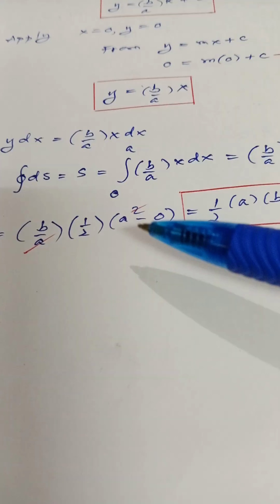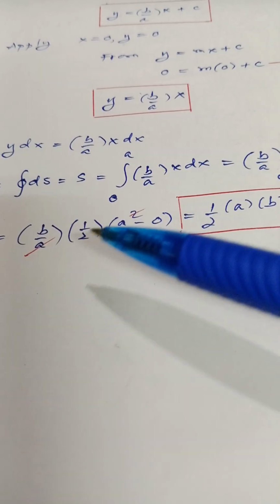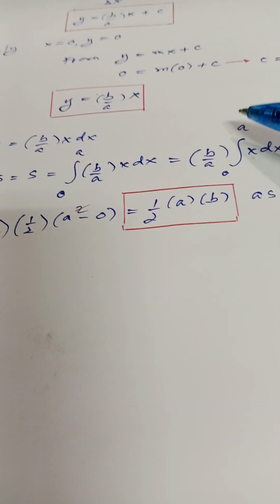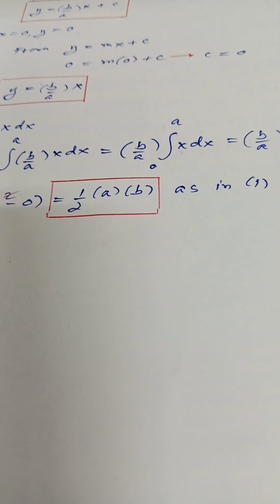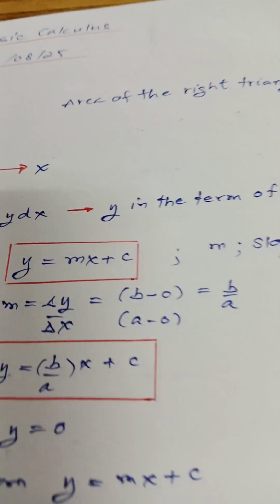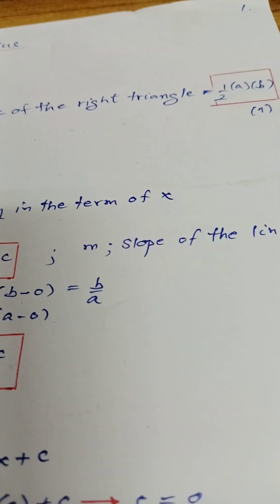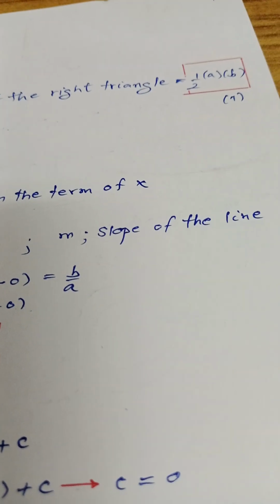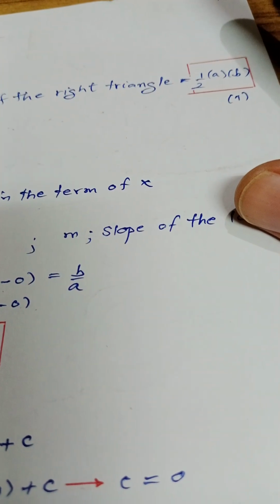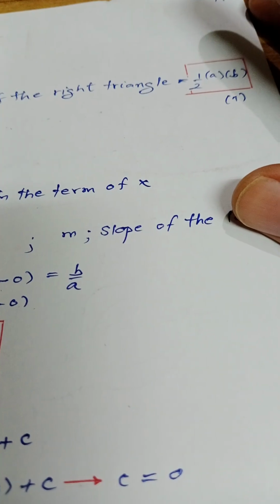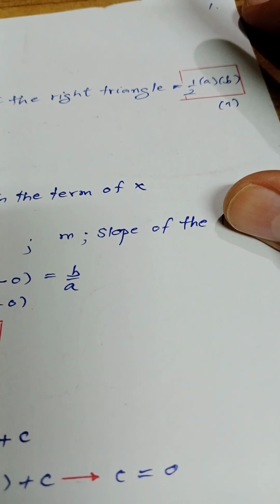The a cancels out, you have a left. So you have 1 over 2 ab, as in the first method. Okay? You might see this one is very simple, but we have something more than that because we recall so many things, the basics of our math.